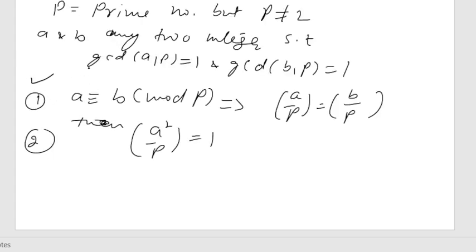So the first one is, if A is congruent to B mod P, then the Legendre symbol of A by P is equal to B by P. Proof of one.